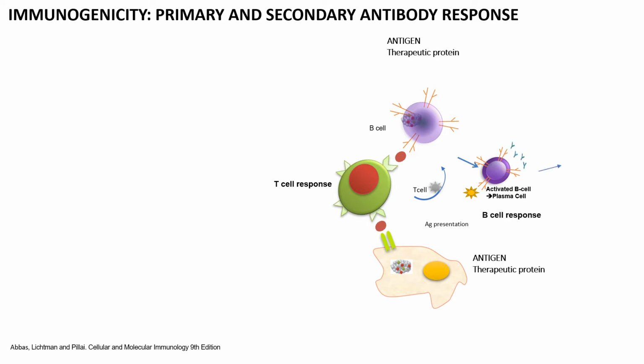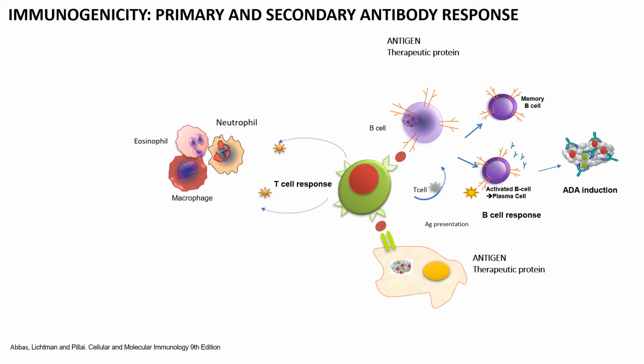This B cell response is characterized by the production of antidrug antibodies, for which we often use the acronym ADA. Furthermore, the T cells can maintain a level of cytokine production that will make that B cell mature into a memory B cell for a sustained antidrug antibody response.